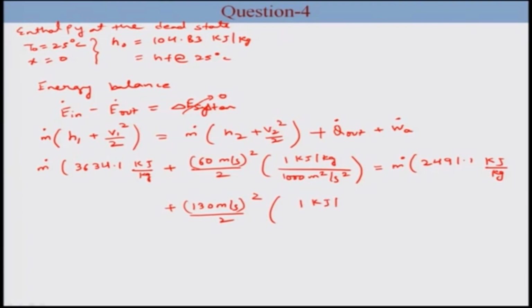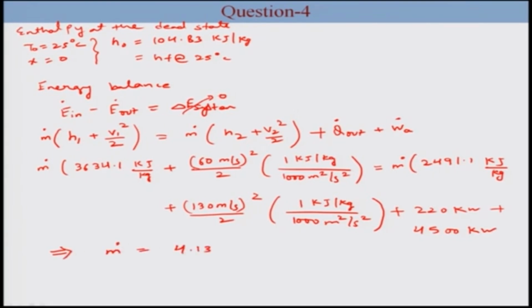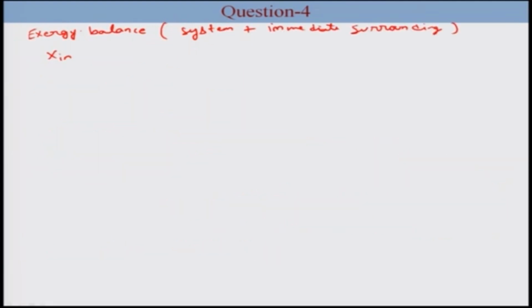Now 1 kilojoule per kg is equal to 1000 meter square per second square. Also 220 kilowatt of heat is being lost by the turbine because of imperfect insulation, and also 4500 kilowatt of work is produced by the turbine. So this equation gives a value of m dot, the mass flow rate of steam, that is 4.137 kilogram per second.